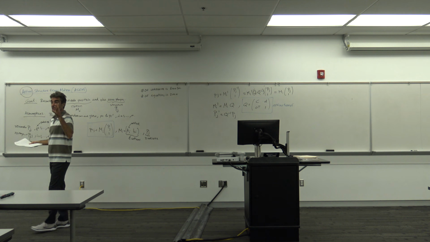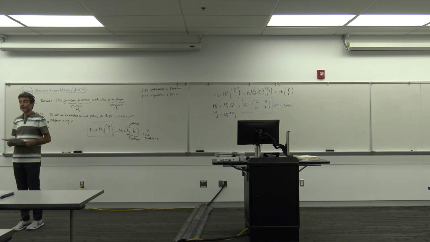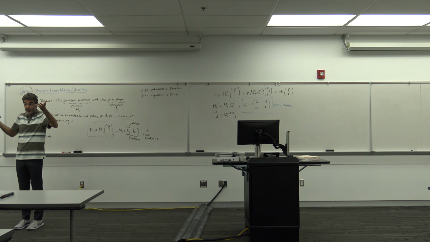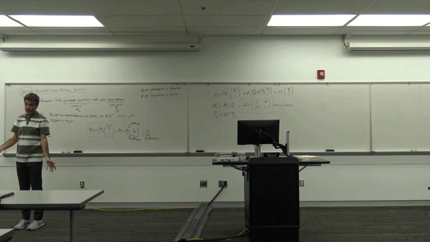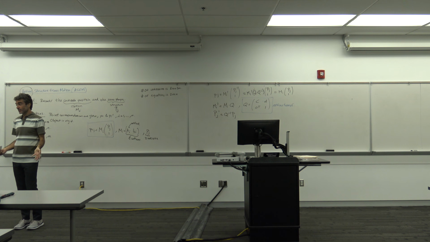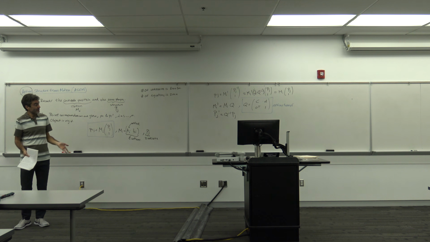Okay? Remember, in homogeneous coordinates I can multiply everything by a scalar on both sides, and I never recover that scalar, the true scalar. We have to assume, all right, my vector has norm 1 or has norm x. This is the same problem.